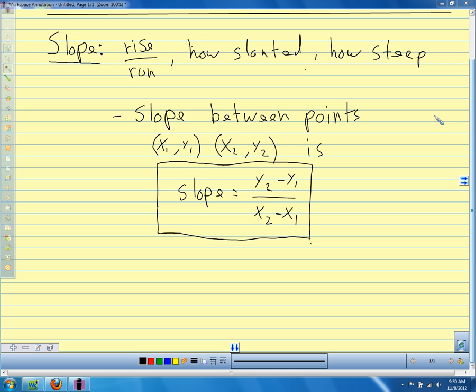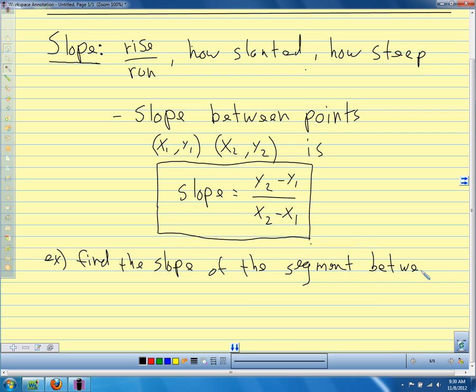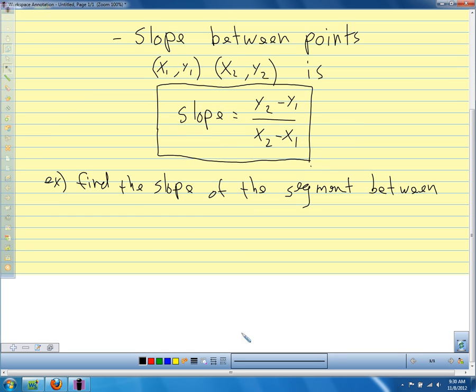So let's look at an example of how we calculate with slope. We're going to do several formulas, and then we'll do an example of using them with polygons. So we want the slope of the segment between the points negative 2, 5 and 4, 8.